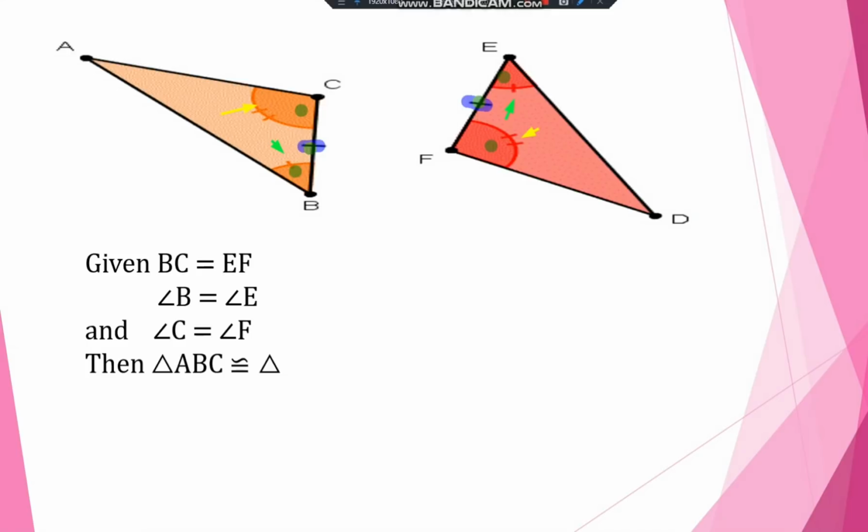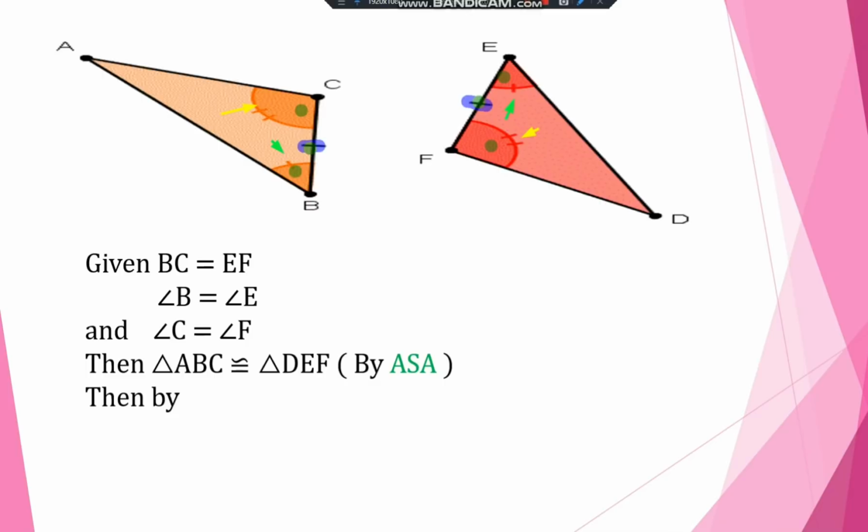Given here is BC equal to EF, angle B equal to angle E, and angle C equal to angle F. So we conclude that triangle ABC is congruent to triangle DEF by ASA criteria.